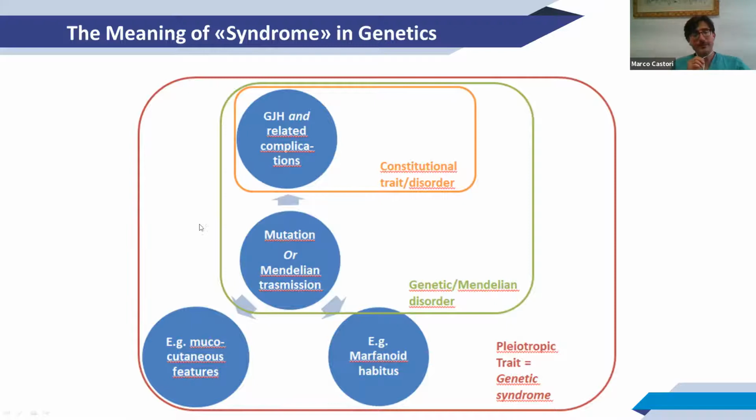When you see generalized joint hypermobility in combination with other structural, by structural I mean morphological, phenotypical traits involving other tissues and organs, such as the skin, such as the habitus, you are probably in front of a pleiotropic phenotype, and therefore in front of a possible syndrome.